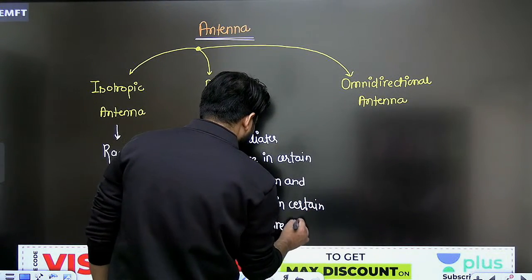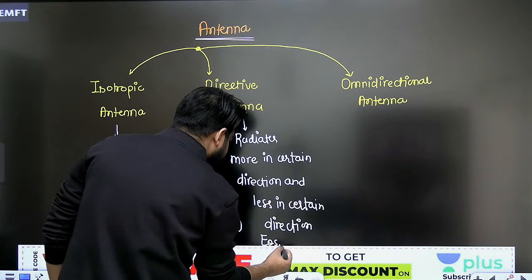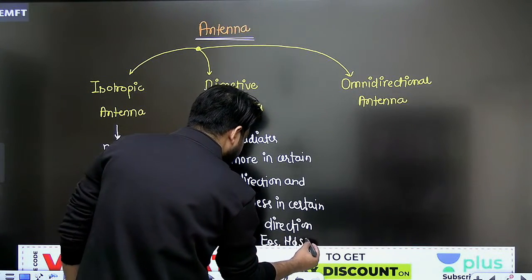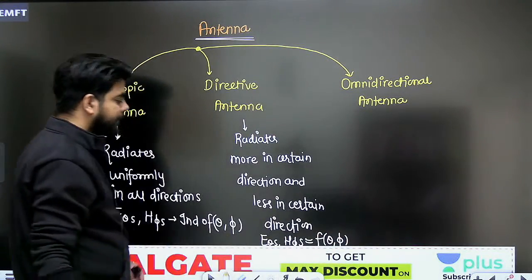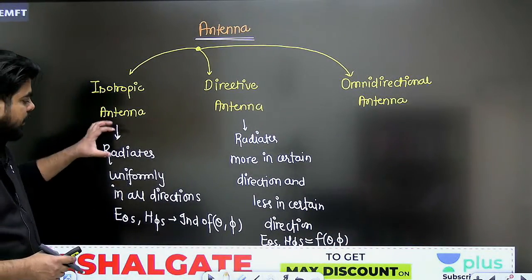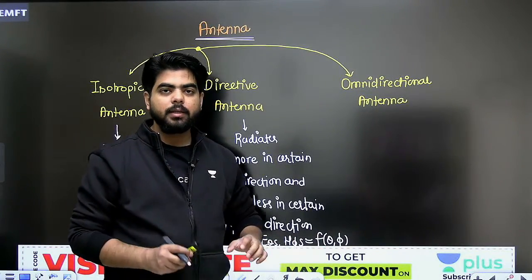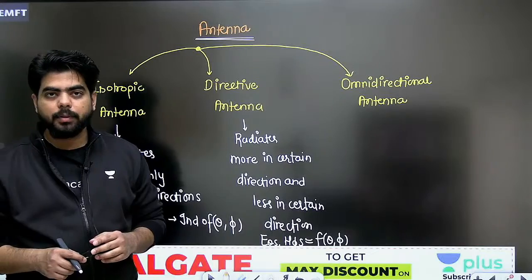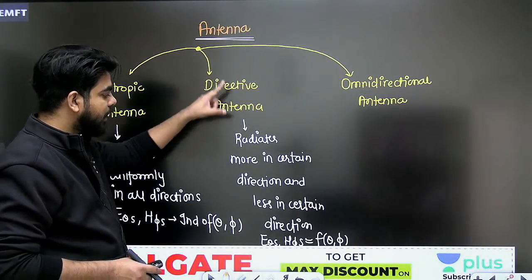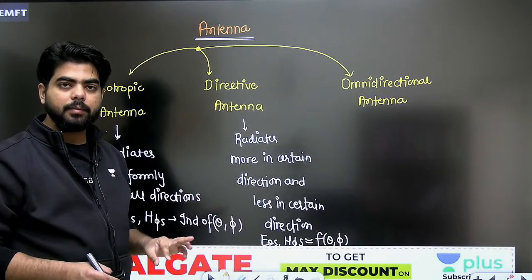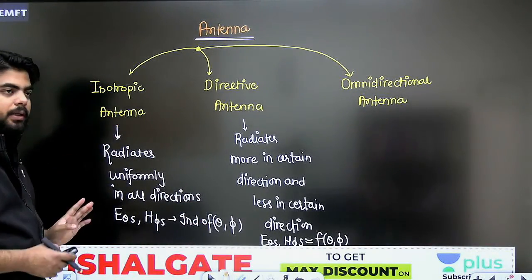So very obviously, in this case your E theta s and H phi s will remain a function of theta and phi. Here E theta s and H phi s are independent of theta and phi for the isotropic one, and here they are dependent on theta and phi. So this is the basic difference between an isotropic antenna and a directive antenna. Directive means it will radiate more in one direction and less in the other directions, whereas isotropic will radiate uniformly in all directions.